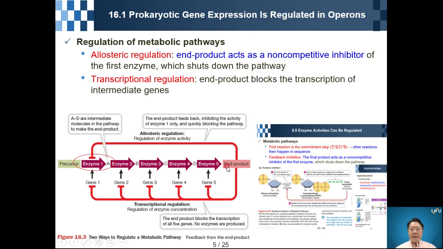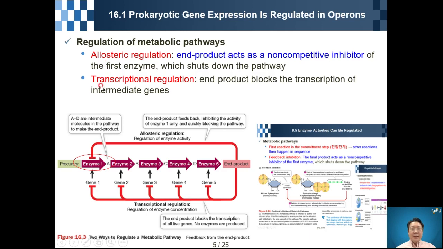This end product acts as a non-competitive inhibitor of the first enzyme. After that, the pathway shuts down. So this is allosteric regulation.